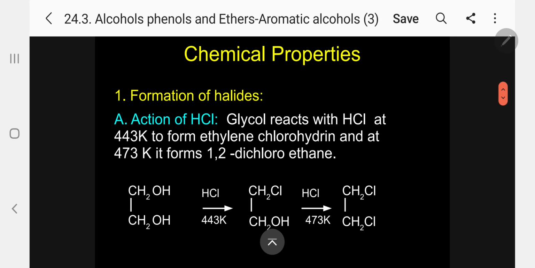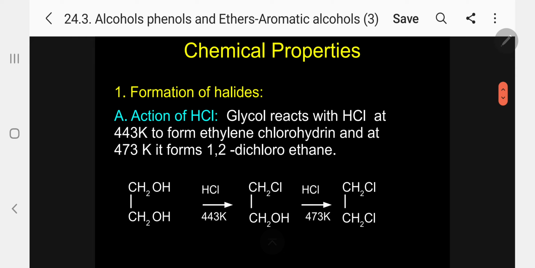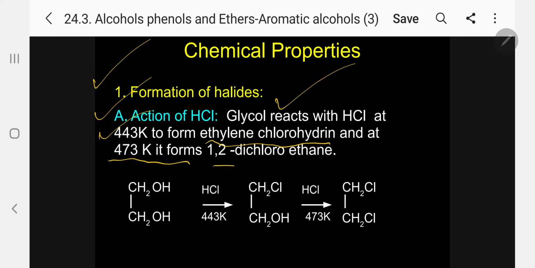Now, coming to chemical properties. Let me take as usual, first one, formation of halides. By action of HCl, glycol reacts with HCl at 443 Kelvin to form ethylene chlorohydrin, and at 473 Kelvin it forms 1,2-dichloroethane stepwise.